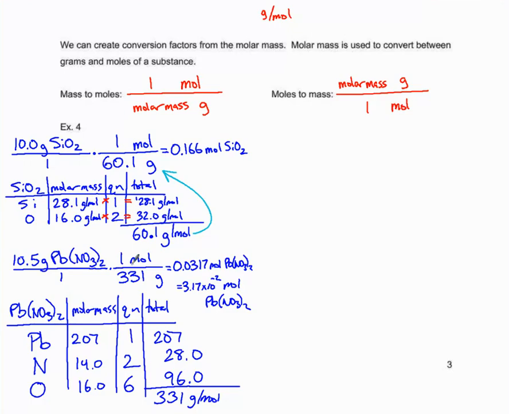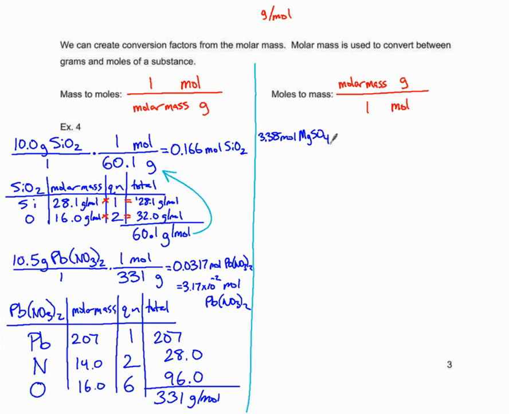So let's work the other way. Let's say that we know a number of moles, but now we want to know what should the mass be. And so let me draw a line here. Let's say that we have 3.38 moles of a substance, and the substance is magnesium sulfate, MgSO4.